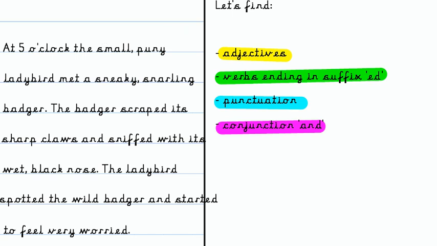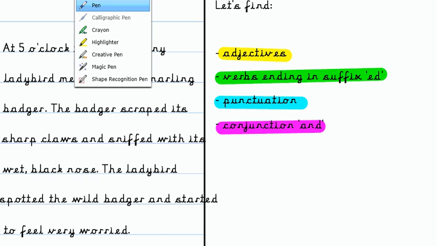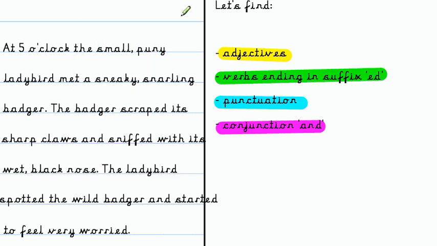Okay, so let's get our highlighters out, everybody, and let's have a look. So first, let's find some adjectives. So we're going to be looking for some describing words first, everybody. So stop me when you find one. At 5 o'clock, the small, there we go, puny, it means he was quite weak. The small puny ladybird met a sneaky, snarling badger.